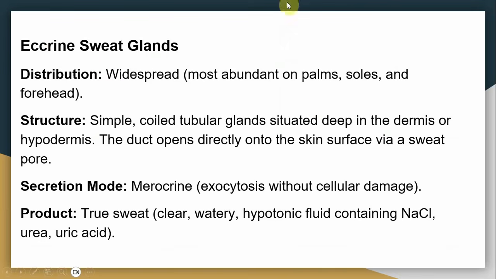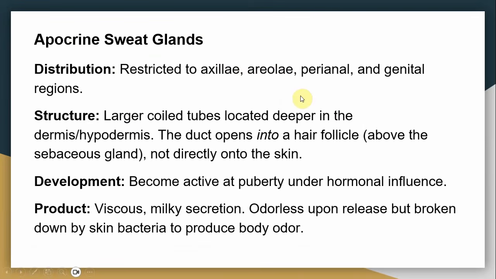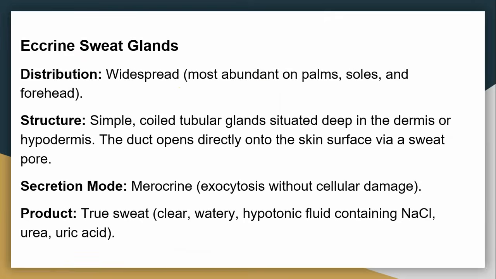Okay, so first of all, the difference is in the distribution. Eccrine glands are widespread, while the apocrine glands are located in some specific areas like axilla, areola, perianal and genital regions. Then the second difference is in the structure and presence. The eccrine glands were present in the superficial surfaces of the dermis and sometimes deeper as well, but their tubules were less coiled and simple, and they opened to the skin via a sweat pore.